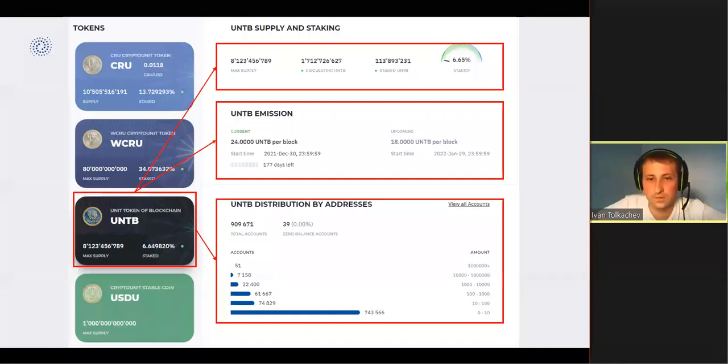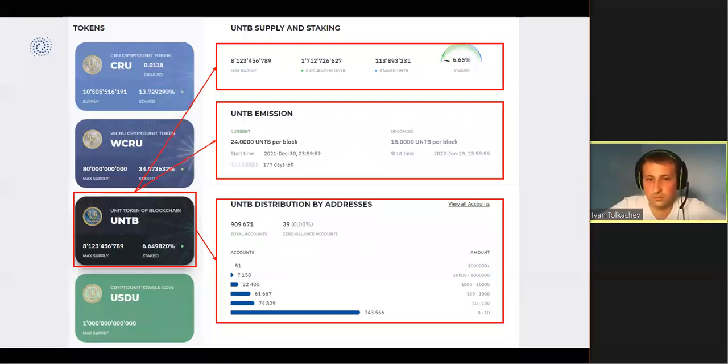A bit lower, you see the UNTB emission, and per each block, there are 24 UNTB generated, and a block is generated every half a second. That's 48 UNTB a second generated. And in less than 6 months, this issuance will decrease by 1/4.